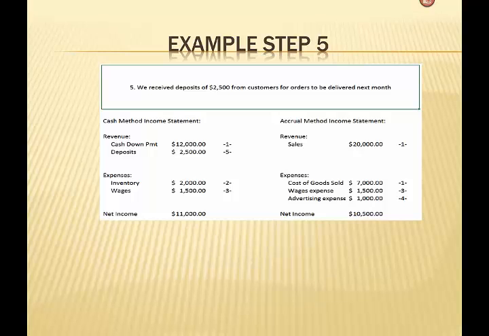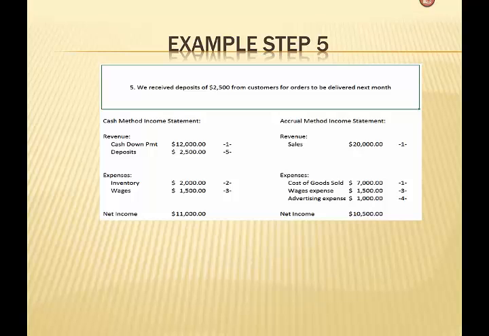And finally, we have received deposits of $2,500 from customers for orders that will be delivered next month. So we have received cash. Therefore, from a cash method, we have to recognize that because we actually got the cash. So we have our deposits of $2,500. On the other side, from an accrual method, we've received that $2,500.